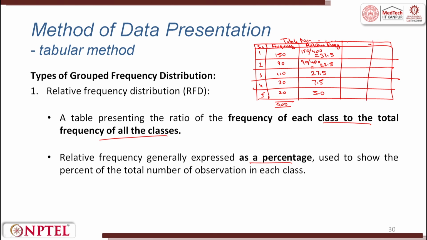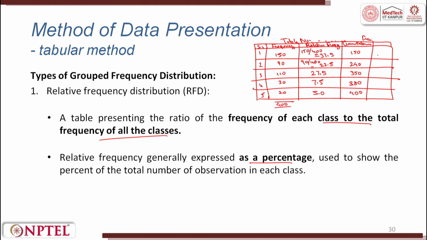Then I can have cumulative frequencies and cumulative relative frequency. Cumulative frequency: the first observation is 150, second is 150 plus 90, that is 240, 240 plus 110 is 350, 350 plus 30 is 380, plus 20 is 400. This is the cumulative frequency.